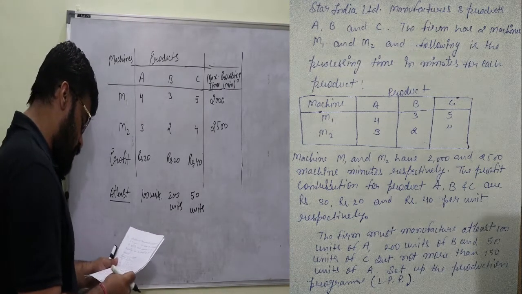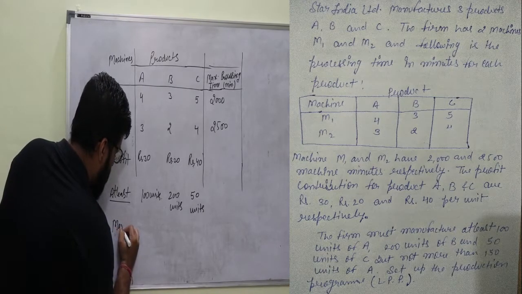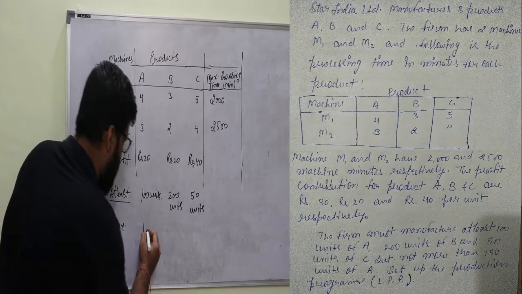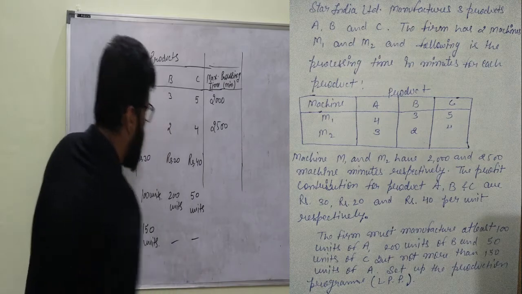And there is another line, but not more than 150 units of A. So that means the maximum is 150 units of A. Nothing is given about the others.